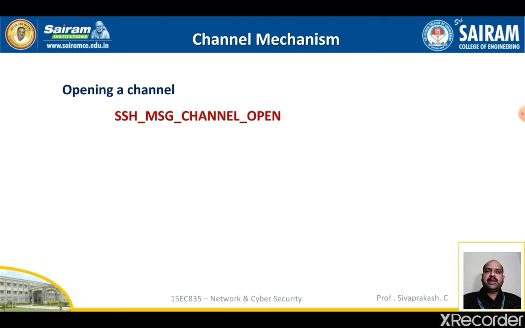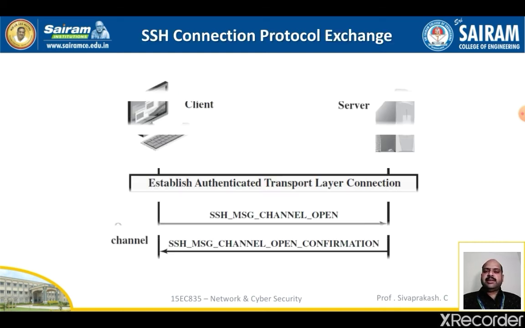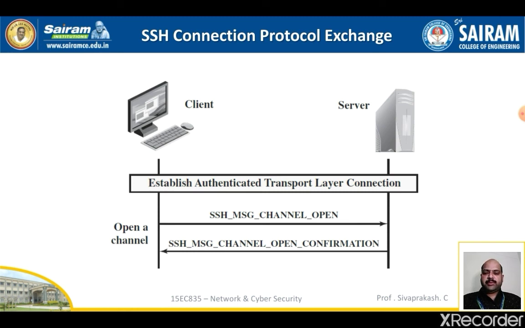Otherwise, the remote side returns an SSH_MSG_CHANNEL_OPEN_FAILURE message with a reason code indicating the reason for failure. Once there is confirmation, it confirms, and on failure, it gives the failure message.